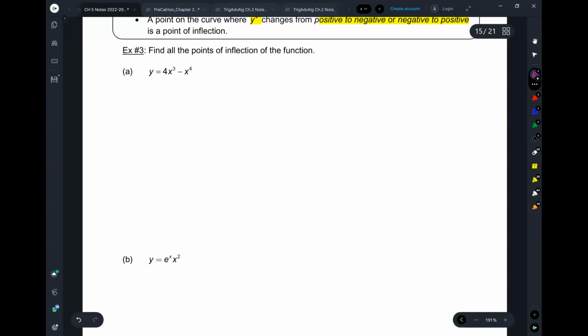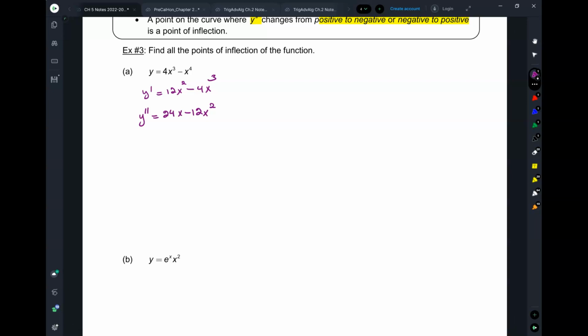Find all points of inflection of the function. So y prime is 12x squared minus 4x cubed, but that's not what I want. I want y double prime: 24x minus 12x squared.